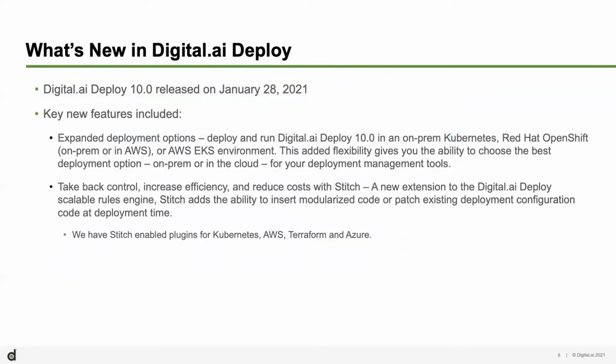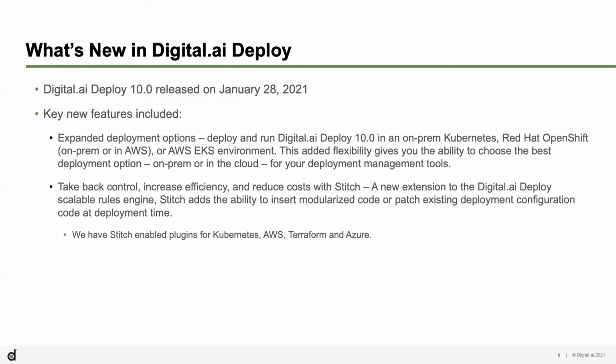Next, I'm going to talk about Digital.ai Deploy and the new features that we're delivering with version 10, which also released on January 28th. Just as I mentioned with Digital.ai Release, we have expanded our deployment options for Deploy.